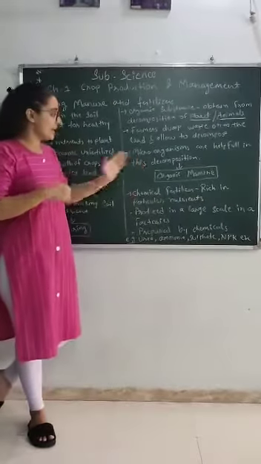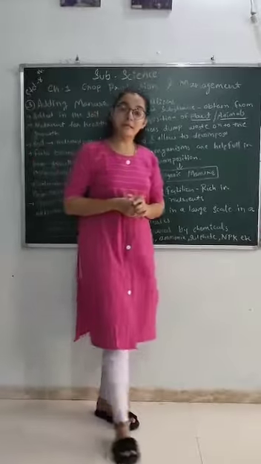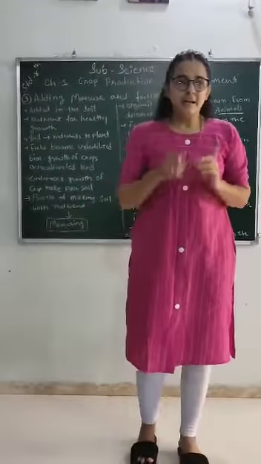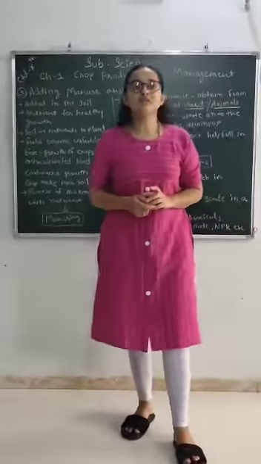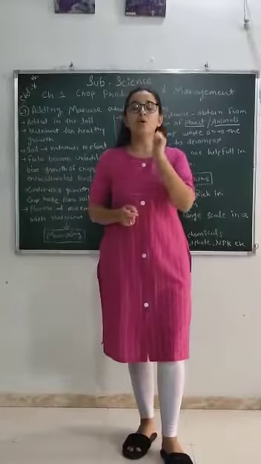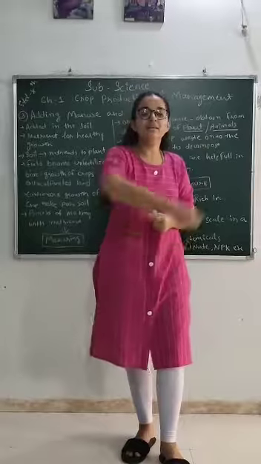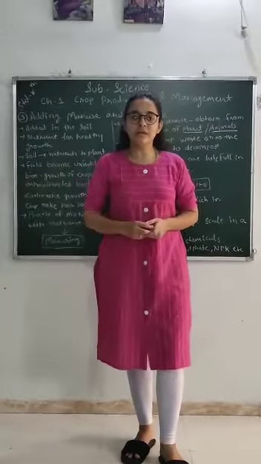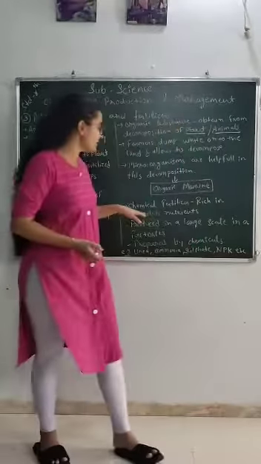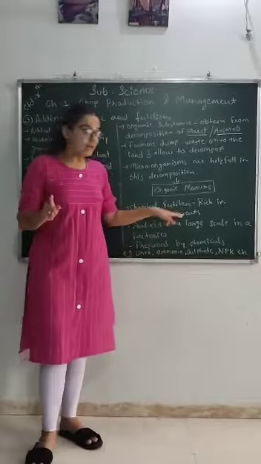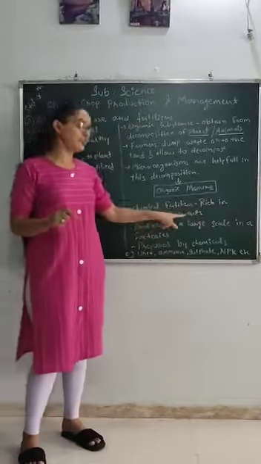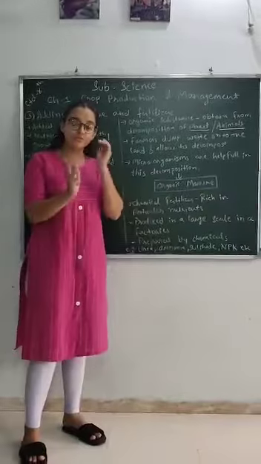Now here, second one, we can call it as a chemical fertilizer. Chemical fertilizer, I think you must have seen that small white color balls are there, and farmers used to wear gloves and sprinkle them like this. So this is a chemical fertilizer which is rich in particular nutrient. See, particular nutrient means what?